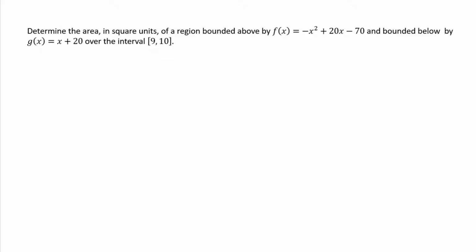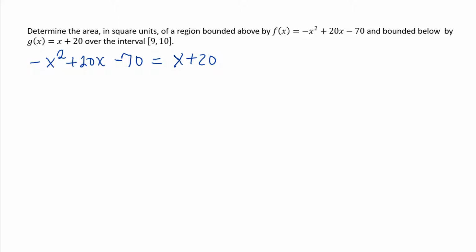So to determine that, let's set the parabola, which is negative x squared plus 20x minus 70, equal to the line, which is x plus 20, and the goal here is to see what their points of intersection are.